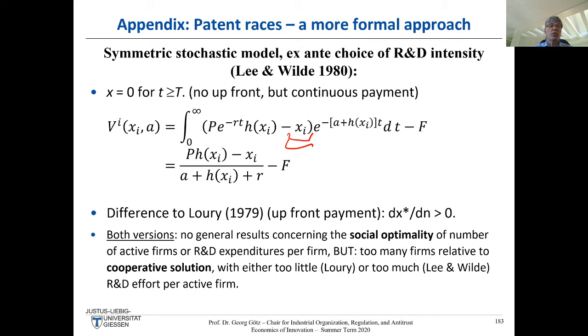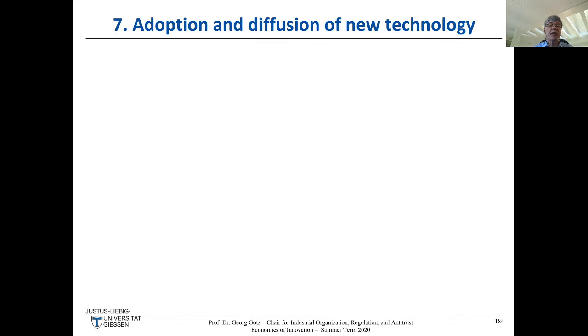But actually, I want to leave it at that, and before I turn to adoption and diffusion of new technology, I think you and I, we really have deserved a small break. Okay, patent races is really hard stuff, and it was a rather productive stream of research in the 80s and 90s.